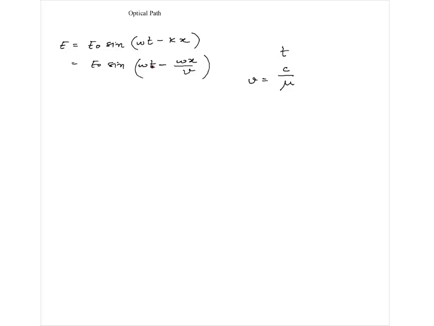Okay, time t and thickness t, confusion. So instead of thickness t, let's take it as delta x. So first of all, in place of v, I am putting c by mu.